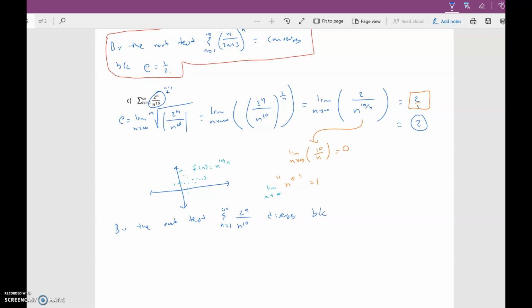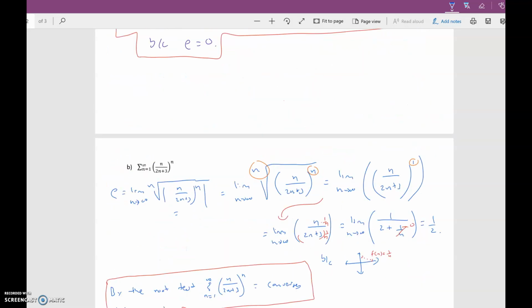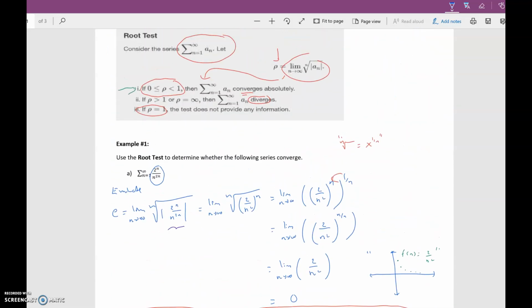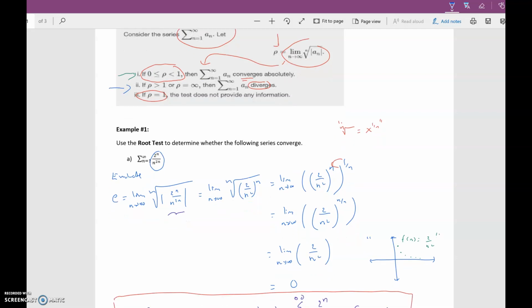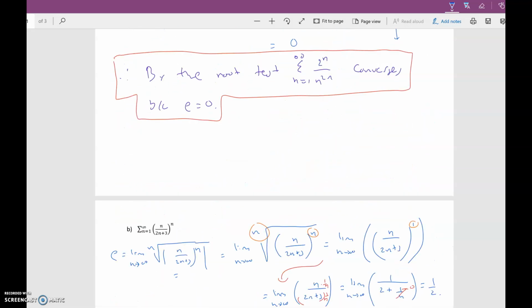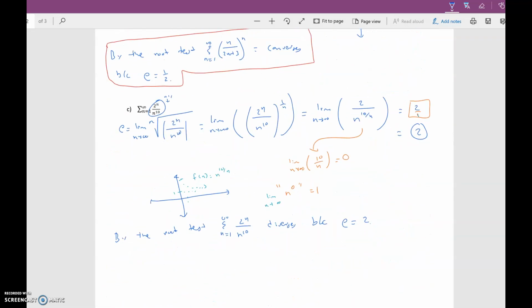And this is just because the value of rho is equal to 2. So in this case, we are in this scenario. If rho happens to be greater than 1, then the series diverges. If it's equal to 1, it's inconclusive.